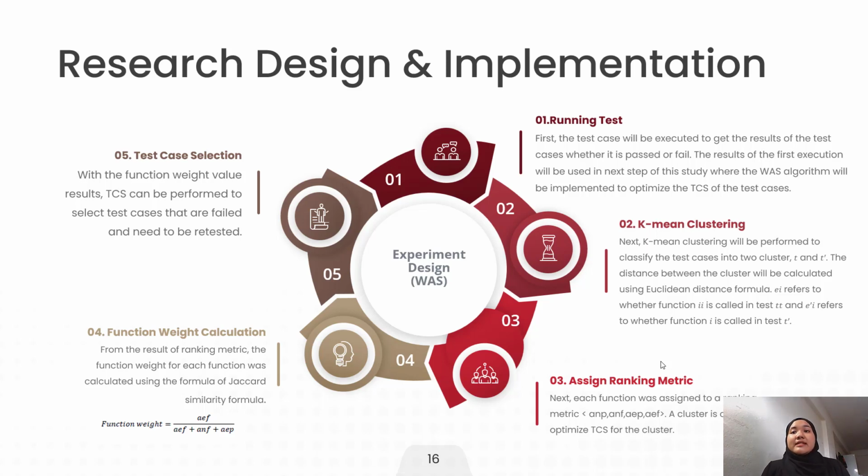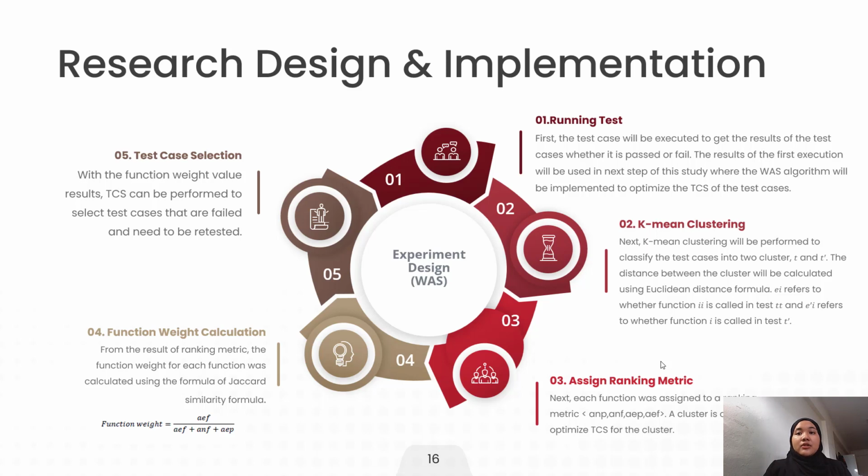And next will be assigning the ranking metric, where each function is assigned a ranking metric: ANP, ANF, AEP, AEF. ANP is the function that is not executed and the test passed, ANF is the function that is not executed and the result is failed, AEP is the function that is executed and the test case result is passed, and AEF is the function that is executed and it failed.